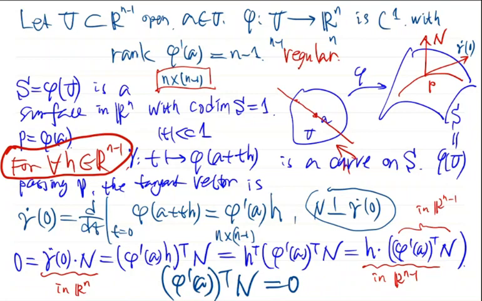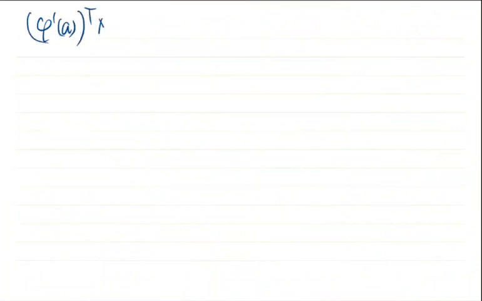Because h is arbitrary, we must have this to be 0. So this is the equation to solve for our normal vector N. How to solve this equation? I write it on the next page. The equation is phi point a transpose N is 0.